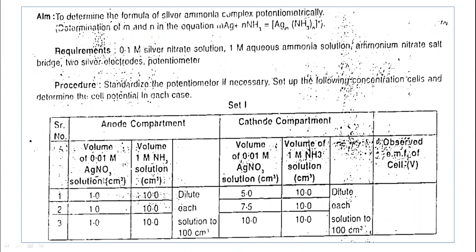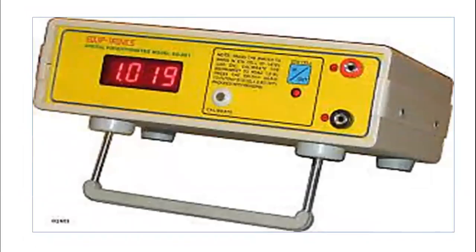In a beaker we take 1.0 ml of 0.01 molar silver nitrate solution, and to that beaker we add 10 ml of ammonia solution. This is for the LHS side. In the cathode compartment, the right-hand side, we take 5 ml of silver nitrate. The concentration of silver nitrate will be different here, while the amount of ammonia will be the same, that is 10 ml. You can see it diagrammatically here.